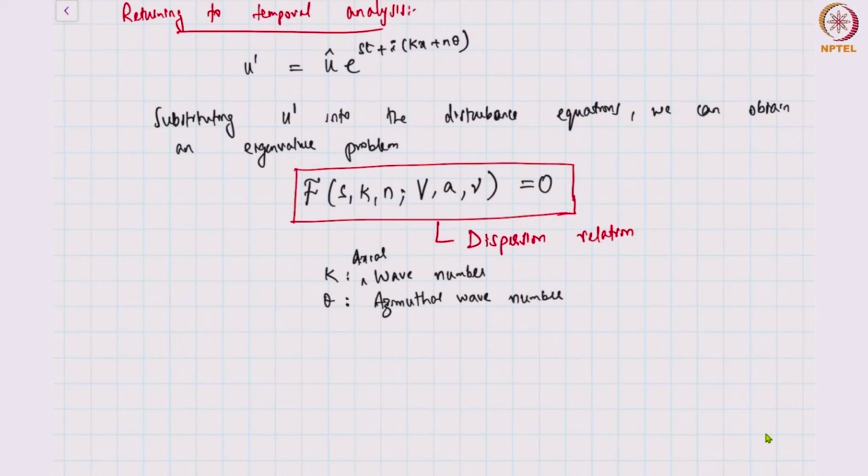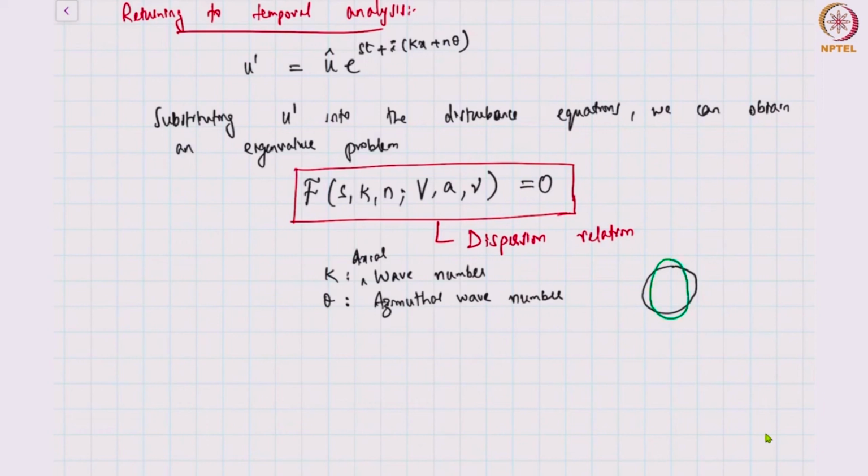In this particular case, n has to be an integer because you cannot have a bulge which goes around the circle and then comes back and does not meet itself again. So if you have a circle here, remember we are working in r theta cylindrical polar coordinates and my geometry itself is axisymmetric. If I have a bulge, I have to come back and meet the bulge.